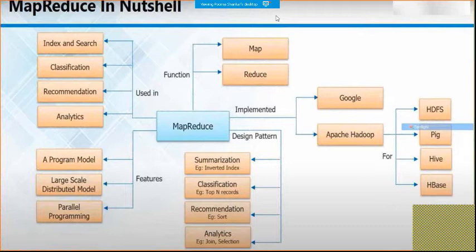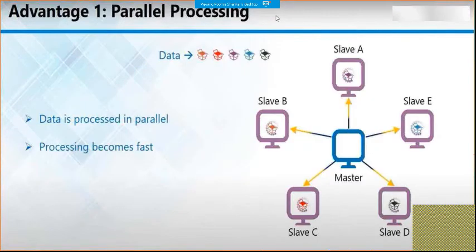It can generate reports like summary, classification, everything. How is it doing this? With the help of the Hadoop framework. It has various components of Hadoop installed, like HDFS, Pig, Hive, HBase. Through that it is processing.